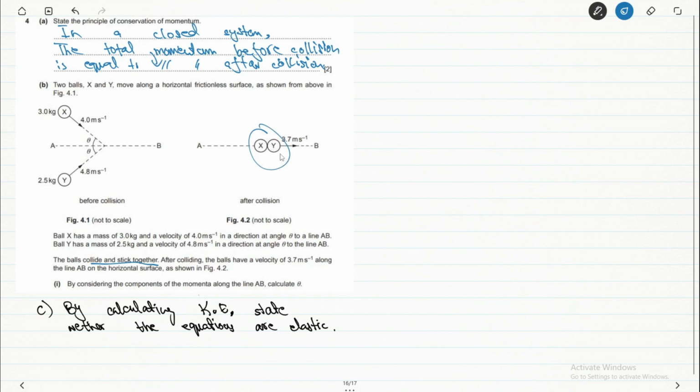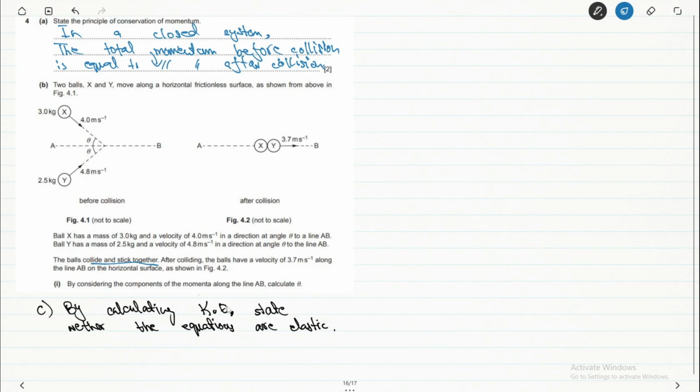Whenever two objects collide, or three objects or however many, and they stick together, their mass is mx plus my. You just have to consider them as one particle, with a mass which is the sum of the two masses.